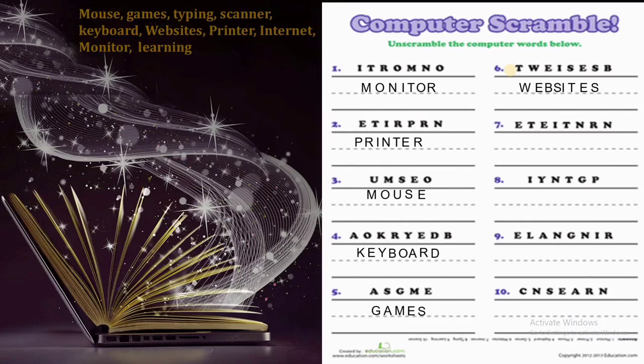So the seventh number. Now see E, T, N, R. From the given options you have to choose which word has these letters. I, N, T, E, R, N, E, T. Internet.